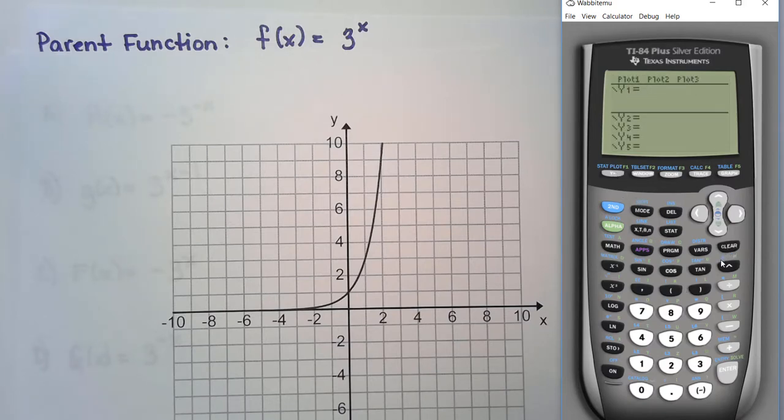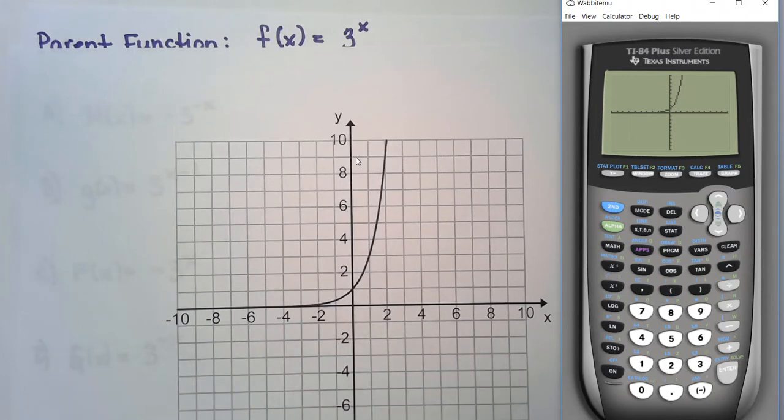Let's clear that so we can see what 3 to the x power looks like. So we have 3 raised to the x power, and we can look at the graph itself. And the graph mimics just what I have here that's been printed out here. And then let's go and look at our table.